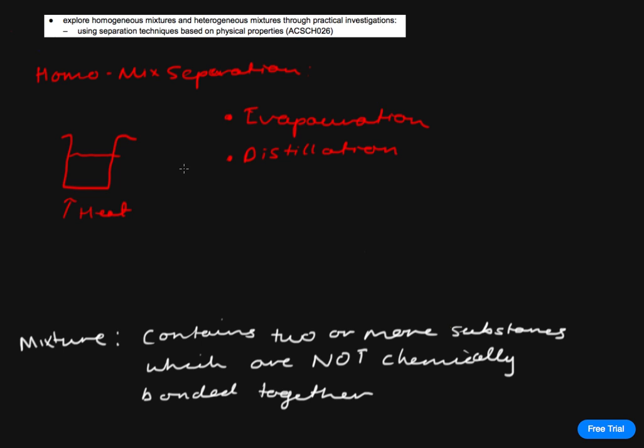I haven't learned the current syllabus, so I can't really speak to what's in it. Essentially, we can have a distillation setup which looks like this. I'm going to draw it in a different color. Basically, you have some round-bottomed flask with some liquid in it, there's some heat source, and then we've got this big condenser setup.